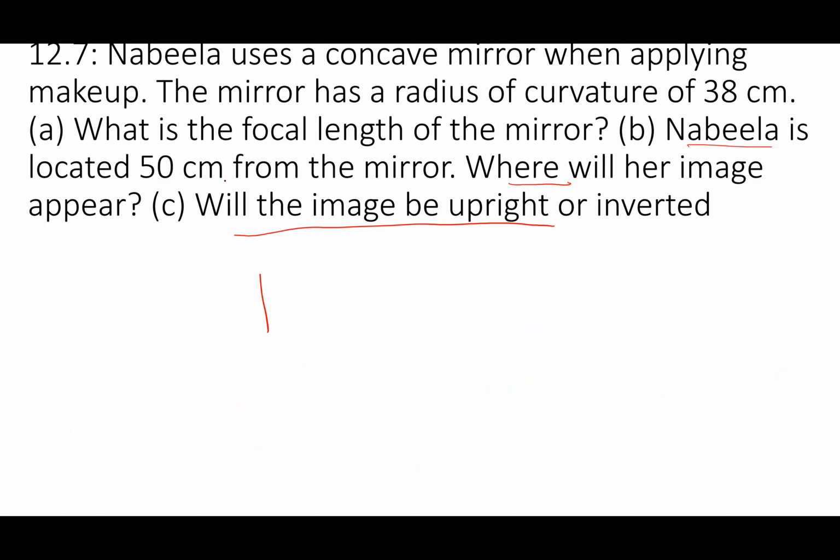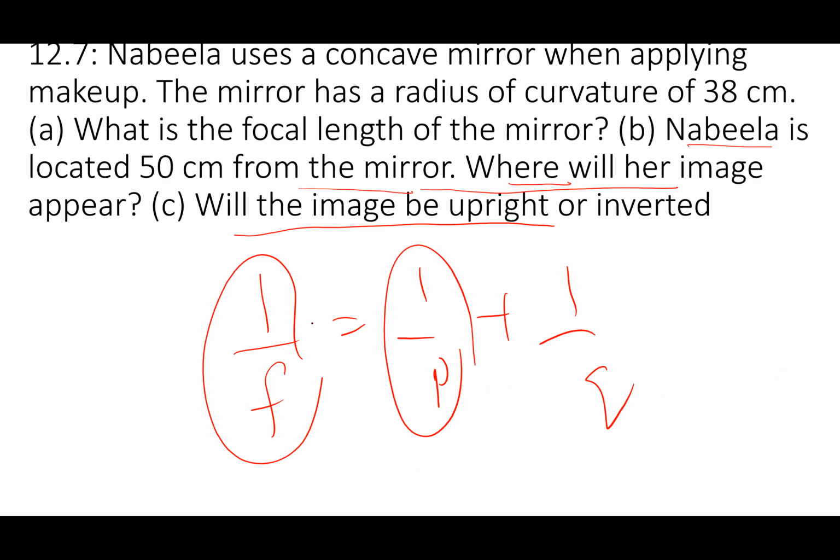Nabila is located 50 centimeter from the mirror, where will her image appear? So 1 by f is equal to 1 by p plus 1 by q. P is given, f we have found, so you can find this value. This is the value of image distance.